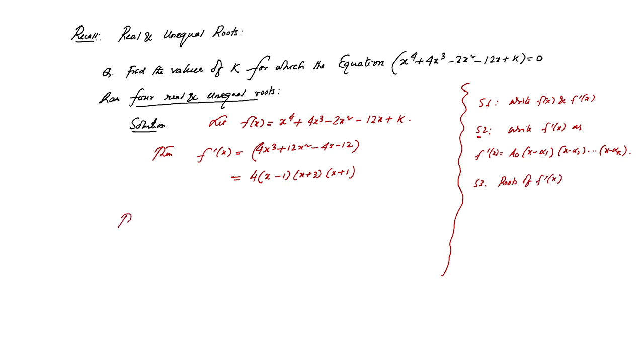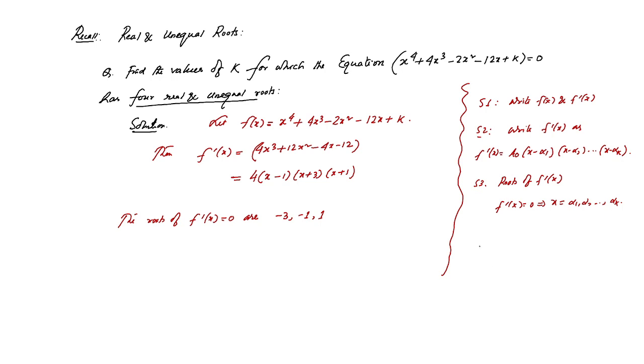So here the roots of f dash x equals 0 are minus 3, minus 1 and 1. You just calculate f dash x equals 0 and you will get x equals alpha 1, alpha 2 and alpha k.